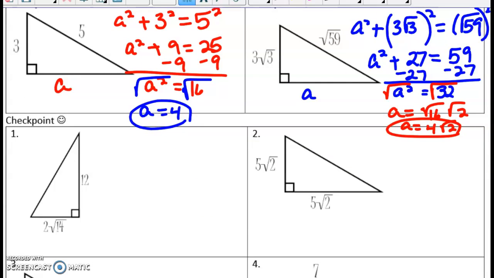All right. So here we're looking for a hypotenuse, so we're going to call that C. We're going to say 12 squared plus 2 root 14 squared equals C squared. This is 144. This I'm thinking is 56, but I gotta check.